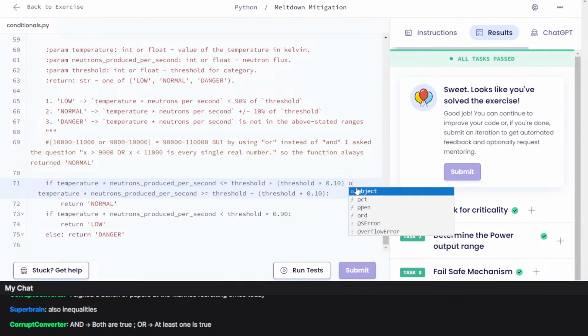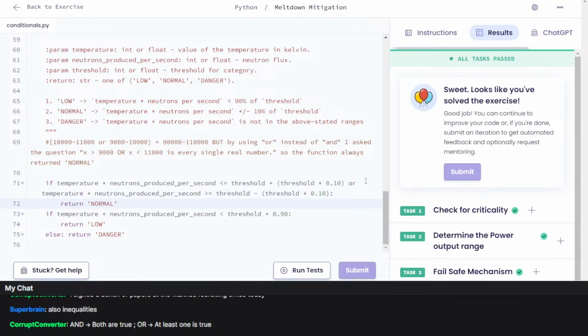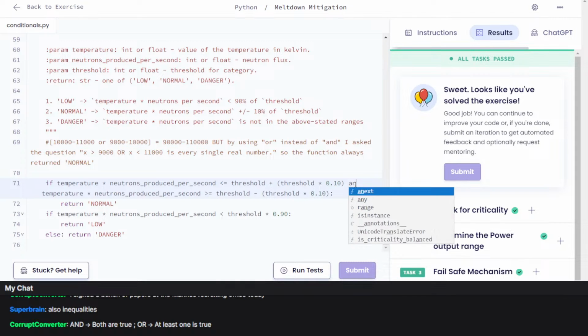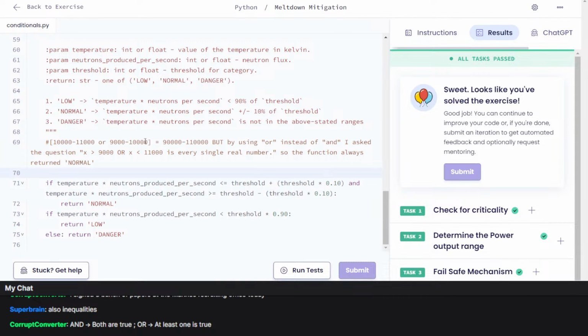Originally it was an or, which ended up being every real number, but I didn't understand that because I thought it was the same thing. I thought my or was asking 1,000 to 10 to 11,000, or 9,000 to 10,000, but I was actually asking: is x less than 9,000, or is x greater than 9,000, or x less than 11,000? The answer is every real number. So I wasn't asking what I thought I was asking.